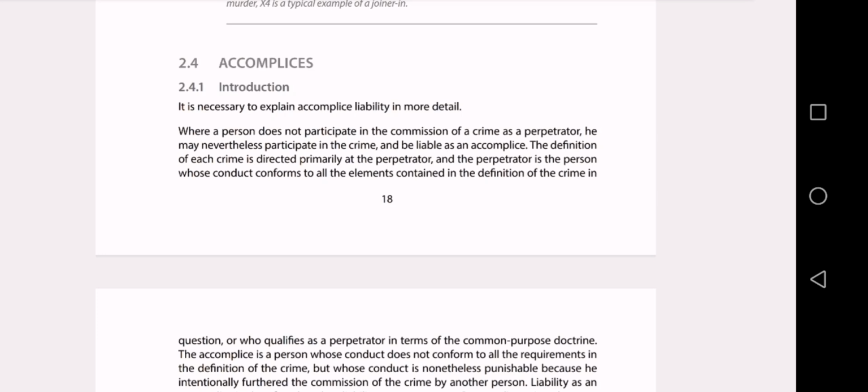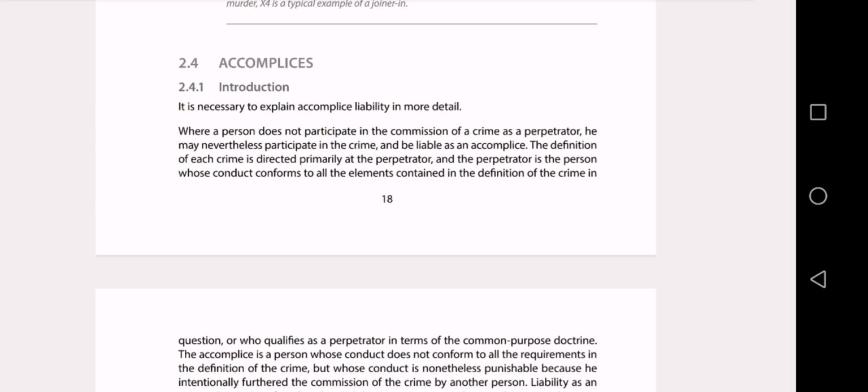2.4 Accomplices. Introduction. It is necessary to explain accomplice liability in more detail. Where a person does not participate in the commission of a crime as a perpetrator, he may nevertheless participate in the crime and be liable as an accomplice.